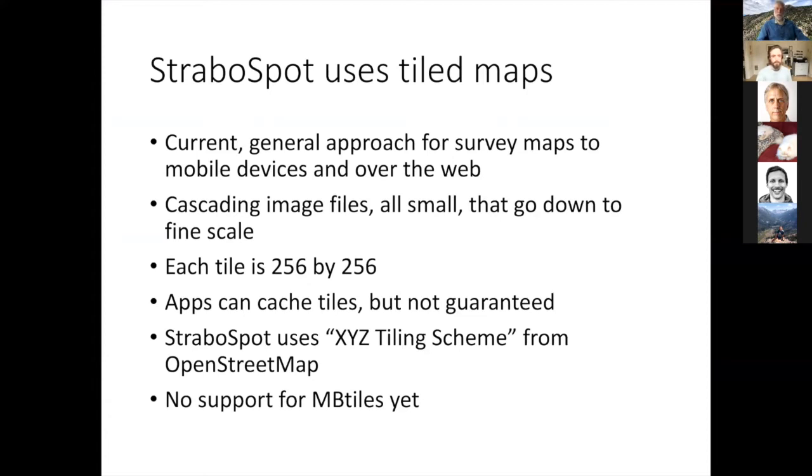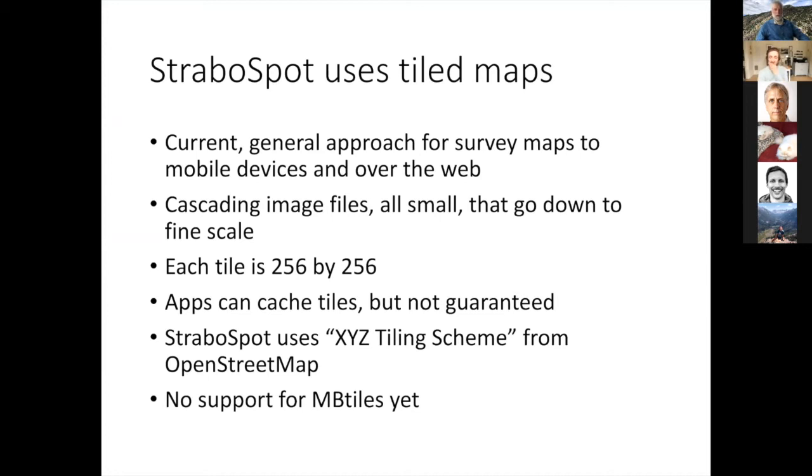The way essentially everybody does this these days, including the USGS and any map server you use, is they have stored map tiles, which are small little squares at different sizes that contain part of the image.